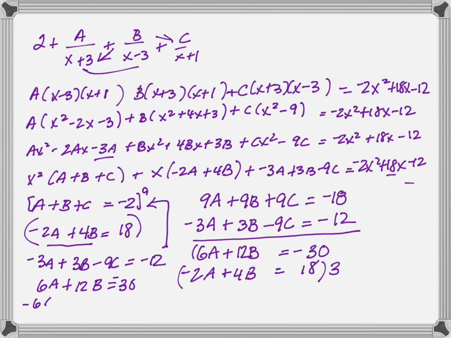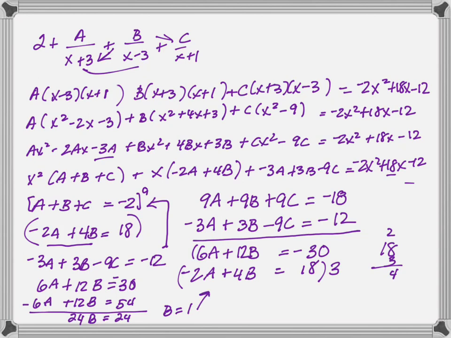And I have negative 6a plus 12b equals 18 times 3, 54. This is negative 30. So I get 24b equals 24. So I got b is equal to 1.